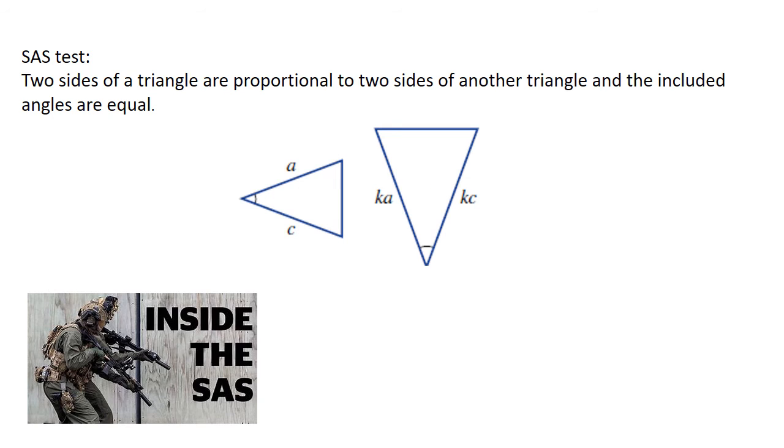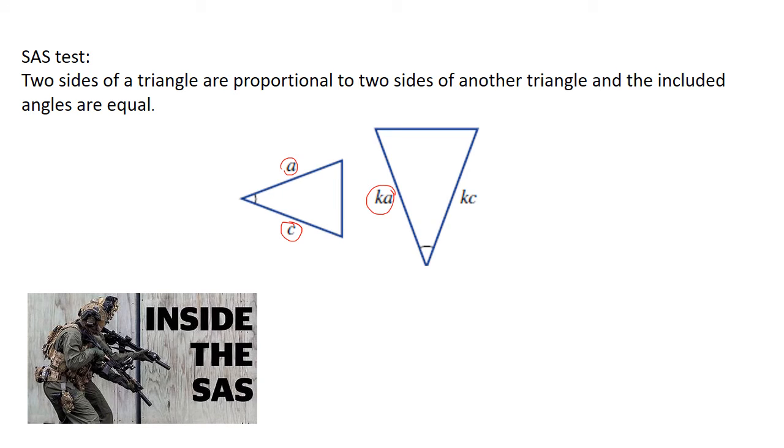The SAS test is that two sides of a triangle are proportional to two sides of another triangle and the included angles are equal. So let's have a look. We've got side A and a side on the second triangle that's K times bigger than A. K could be any number.